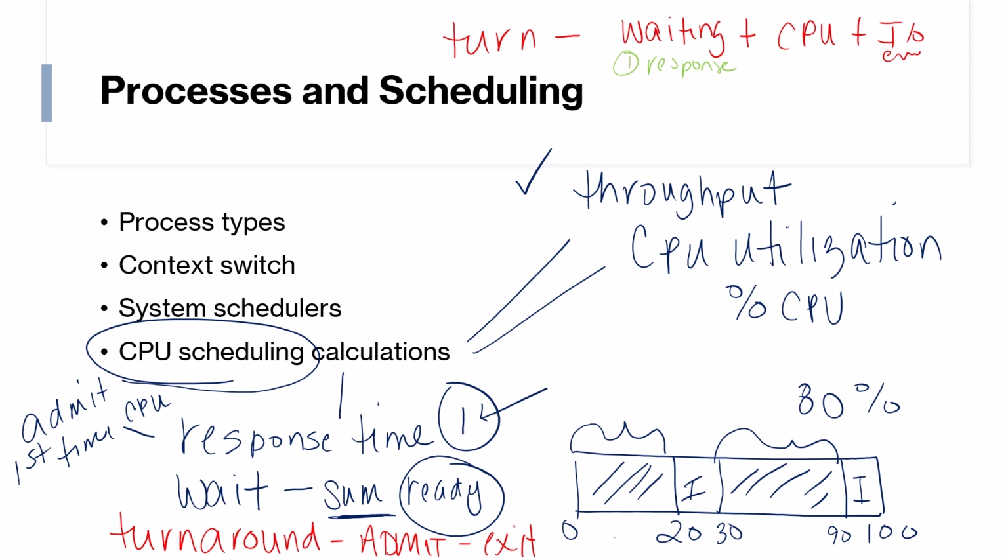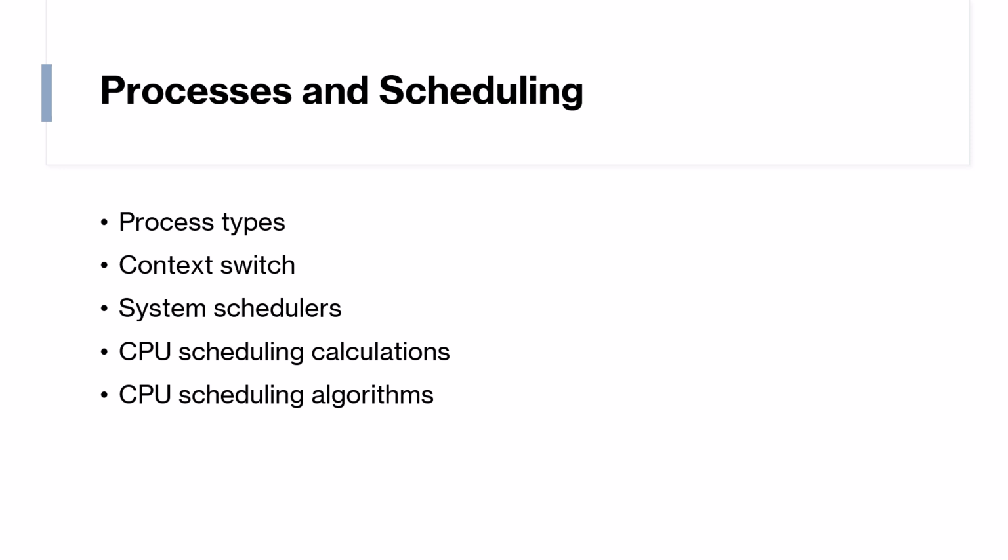And we're going to be using charts similar to this called Gantt charts to practice CPU scheduling algorithms by hand and do comparisons. And what are some of the CPU scheduling algorithms? Well, there are two types: non-preemptive algorithms and preemptive algorithms.